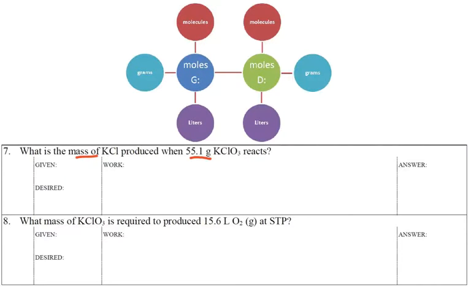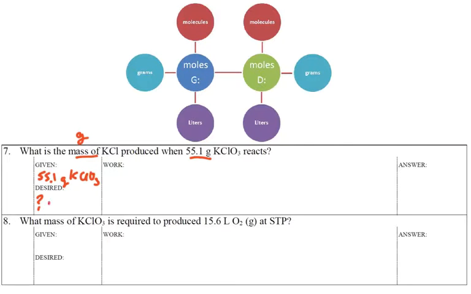And so I'm given 55.1, and that's going to be grams of KClO3. Okay, so I'm going to need the mass of KClO3, and we have that written above. And what am I looking for? I'm looking for mass, and again, mass means grams.